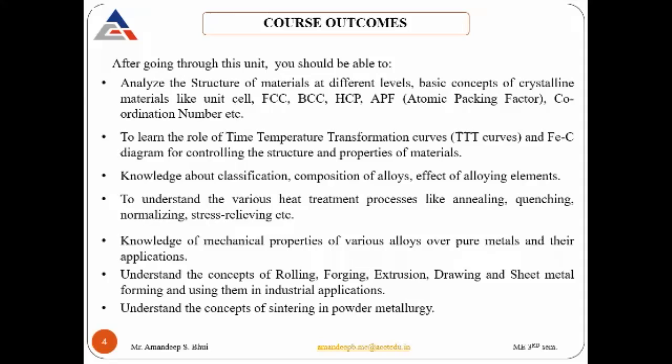And what are the advantages of using these heat treatment processes on the materials? Okay, and what metallurgical or structural changes take place inside a material after we apply these heat treatment processes on those materials.